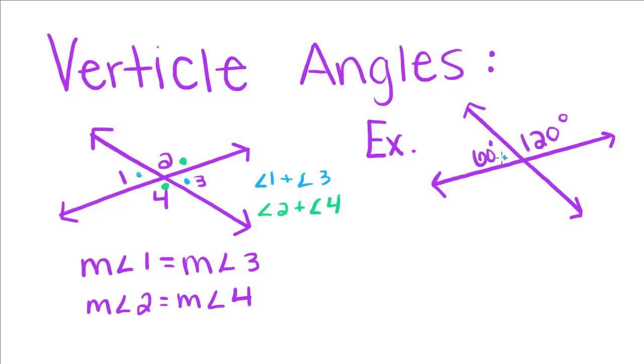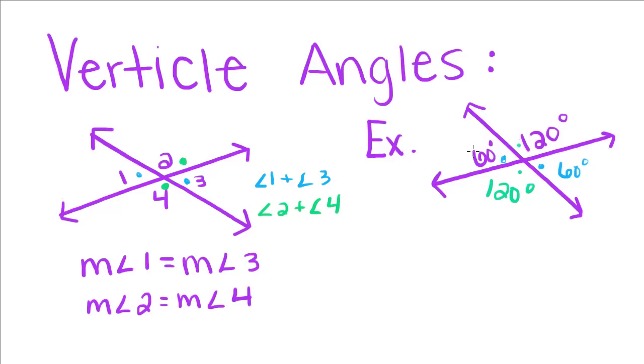Since this angle is across from this angle, that means this angle is also 60 degrees. Same thing for 120. This angle and this angle are going to be equal, so this angle is also going to be equal to 120.